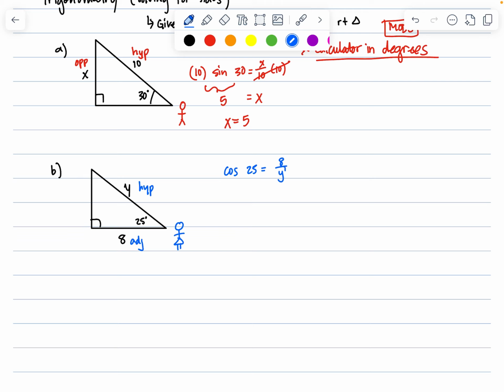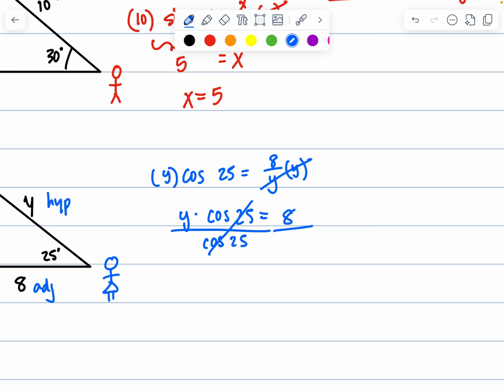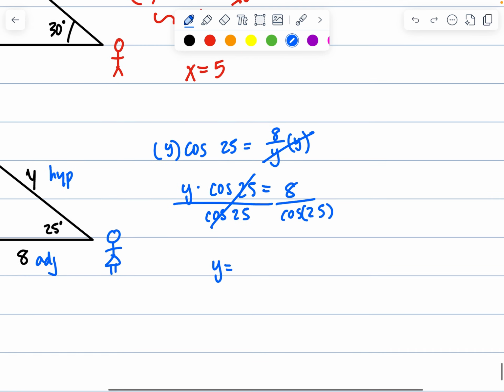This one's a little different because now we actually need to solve for y. Since y is in a denominator, we need to multiply that out first. Multiply both sides by y, y's cancel out, and we get y times cosine 25 is equal to 8. We need to isolate the y still, so we divide by cosine 25, and this is the point where I would plug this into your calculator: 8 divided by cosine 25.